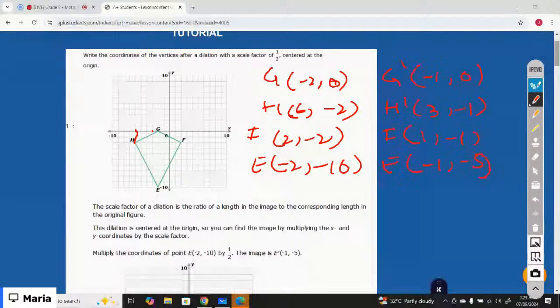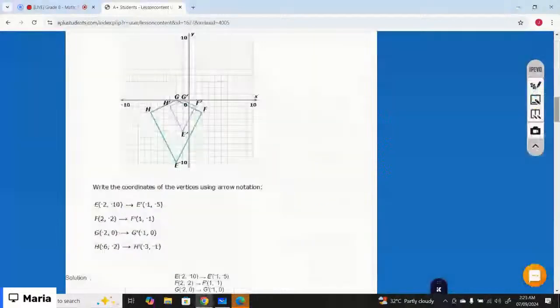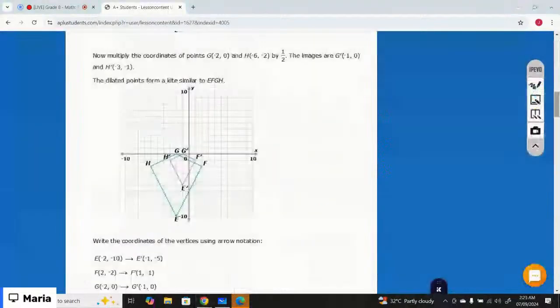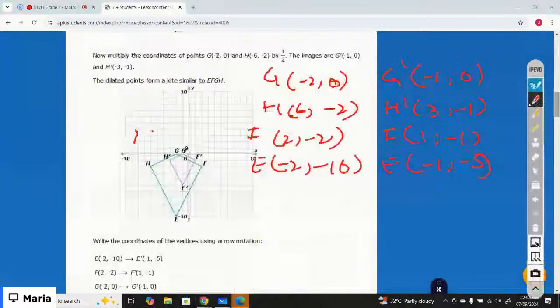So let's just see the options. Here it is. Just match their coordinates. G dash is negative 1 and 0. H dash is 3 and negative 1. Then F dash is 1 and negative 1.